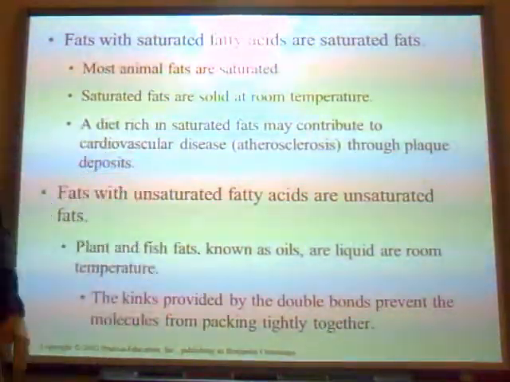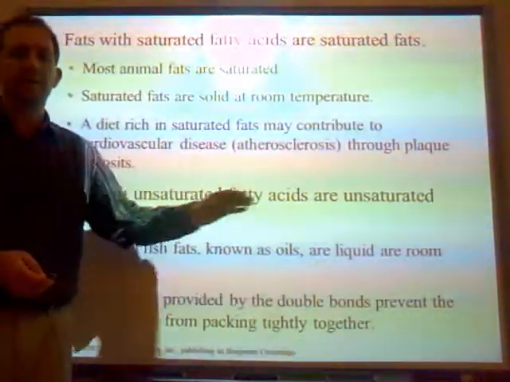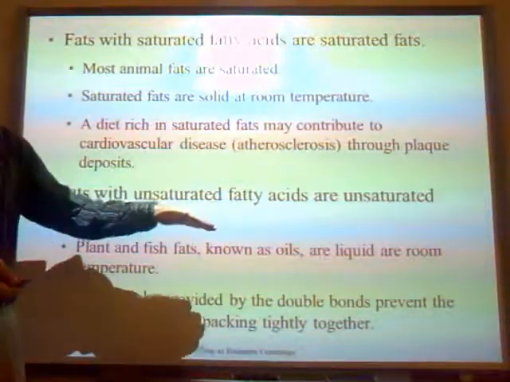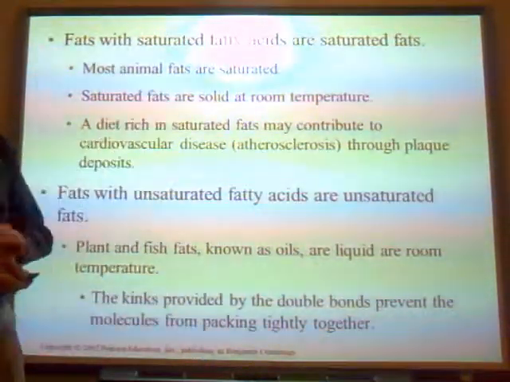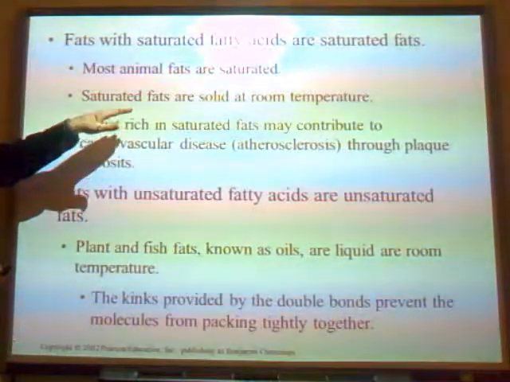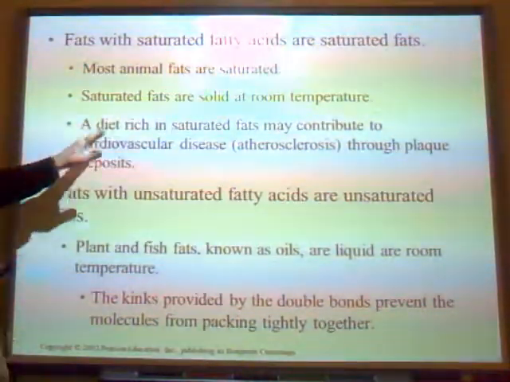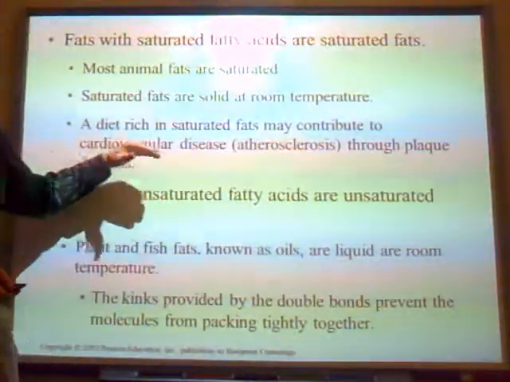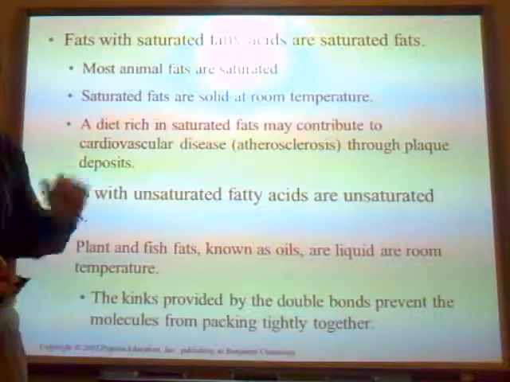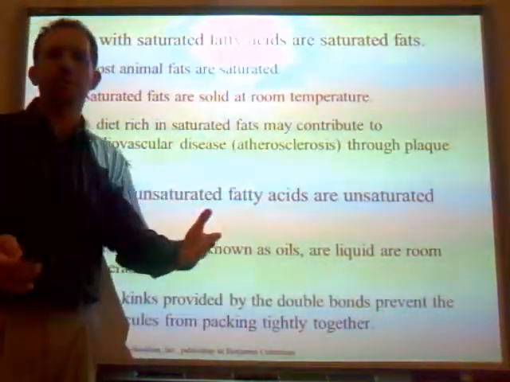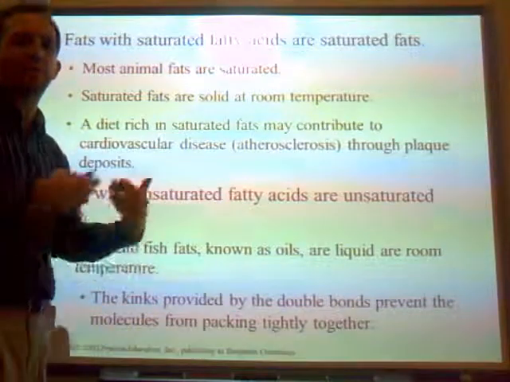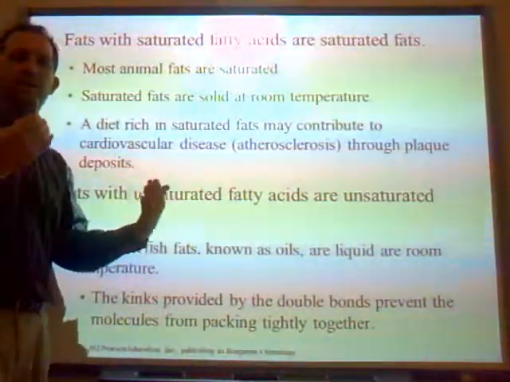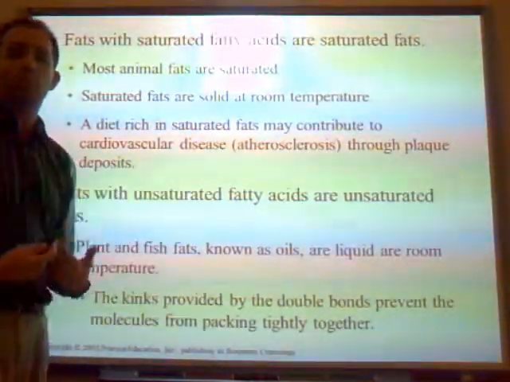If we're dealing with our diet, we would much rather our diet be heavier in unsaturated than in saturated fats. Saturated fats, again being solid at room temperature, can contribute to cardiovascular disease, especially atherosclerosis, or hardening of the arteries because of plaque buildup. Try to imagine what is on the outside being what it is on the inside.